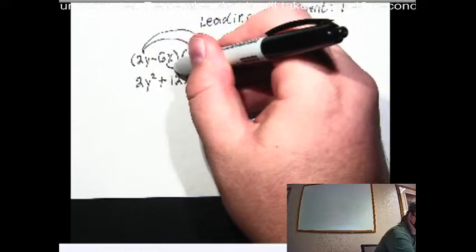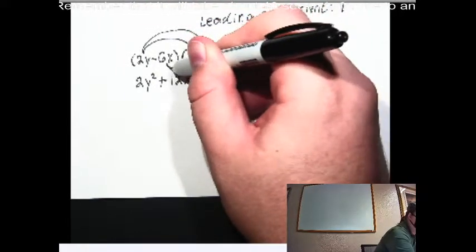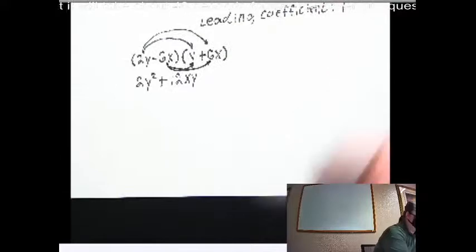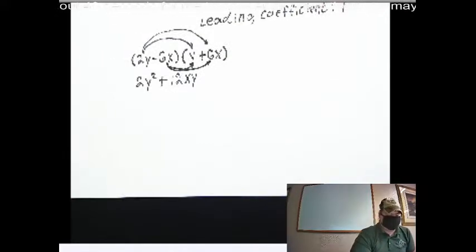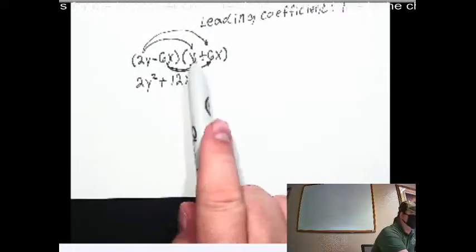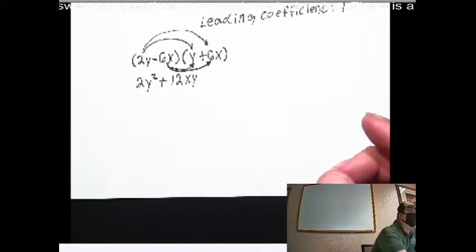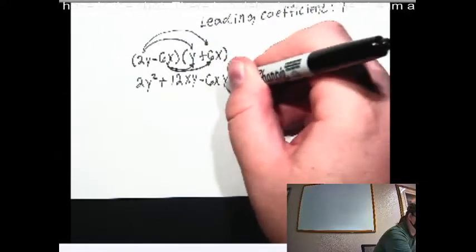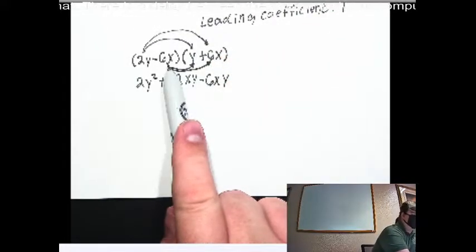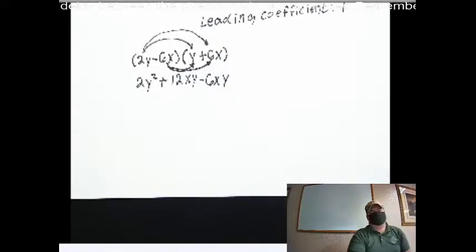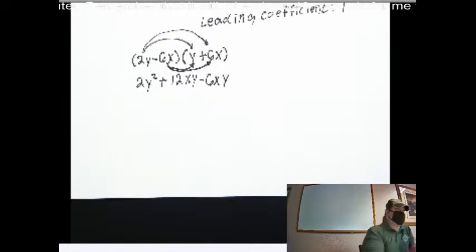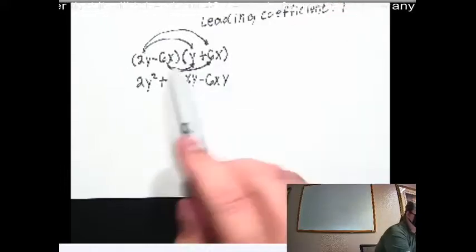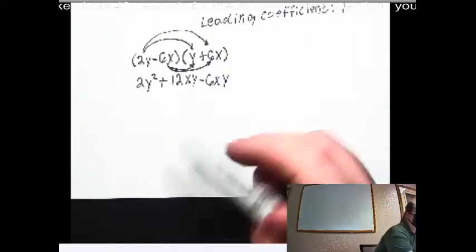Now we need to distribute negative 6x. Okay. So what is negative 6x times y? Perfect. And then negative 6x times positive 6x. Negative 36x squared, because it's x times x.